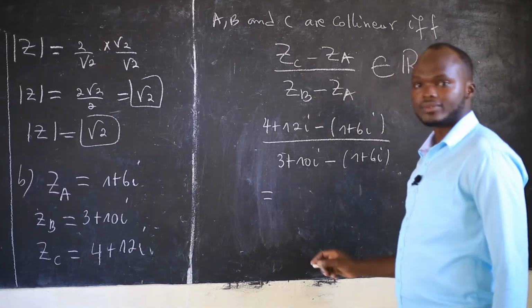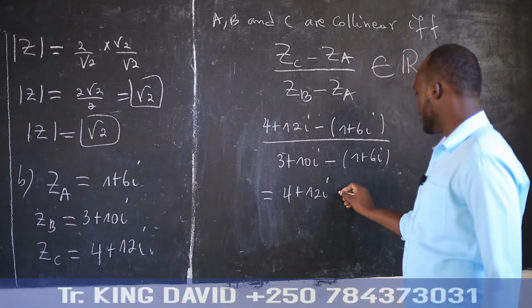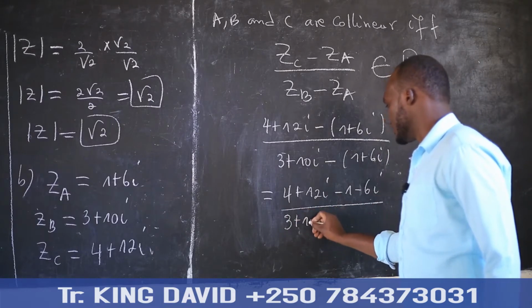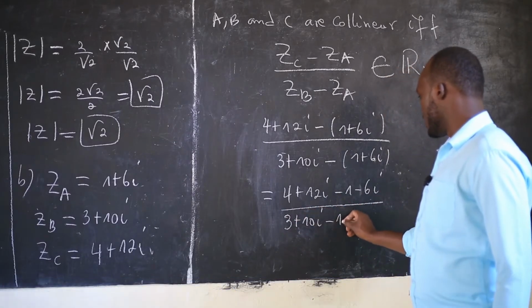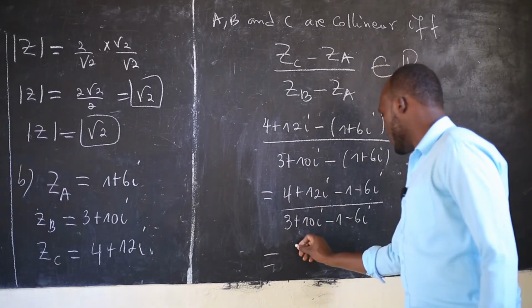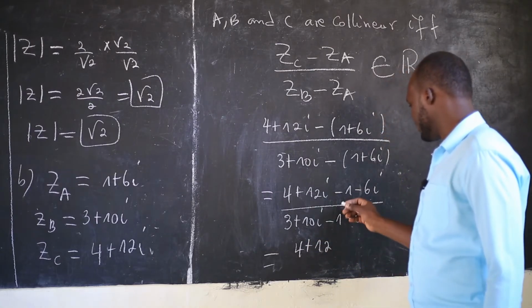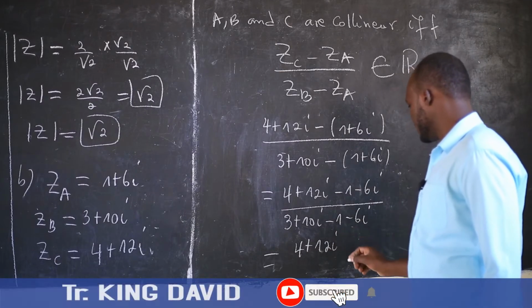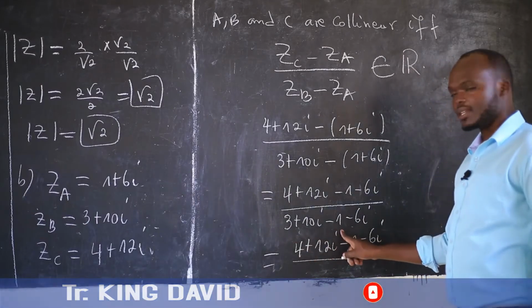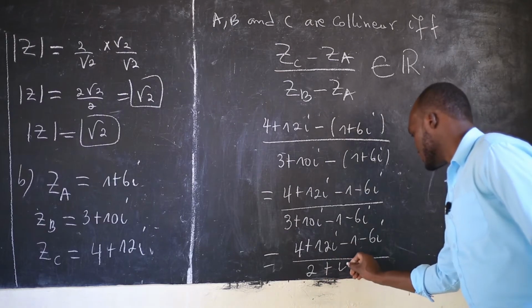So this is 4 plus 12i minus 1 minus 6i, divided by 3 plus 10i minus 1 minus 6i. Now the answer is 4 plus 12i minus 1 minus 6i, divided by 3 minus 1, that is 2, and 10i minus 6i, that is 4i.